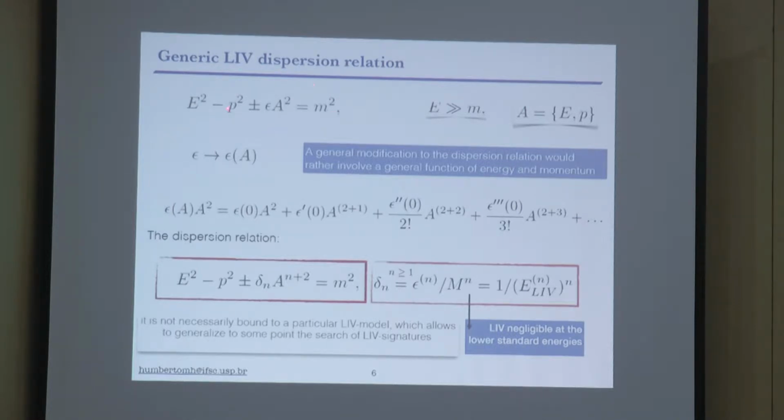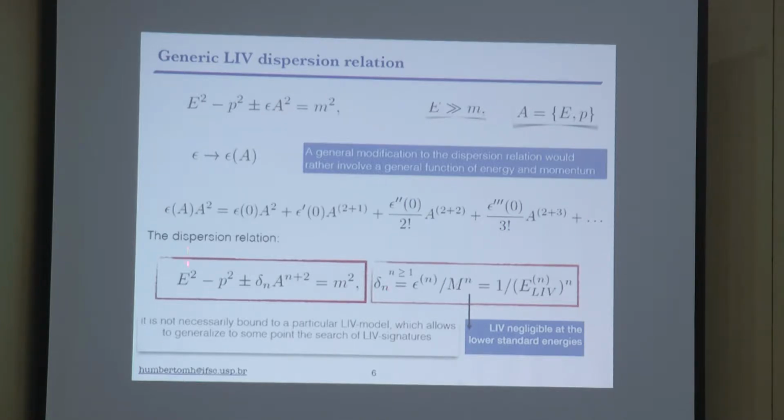So you can introduce LIV by adding this new term, where this epsilon is going to be a general function of the energy or the momentum, and this A can take the form of the energy or the momentum. If you follow the Coleman and Glashow approach, you can expand this term as a series, as is written here, and you can then study each term one at a time as a leading order.